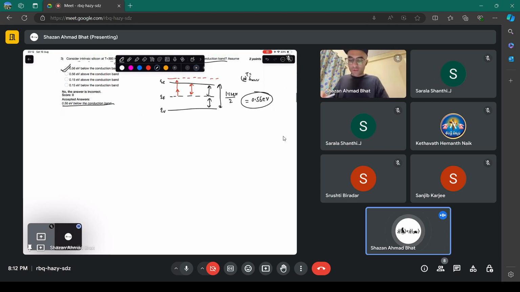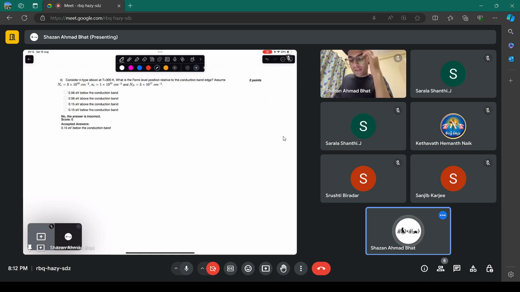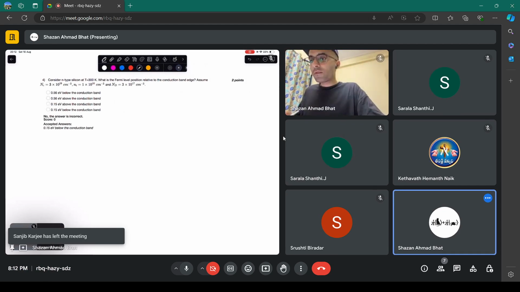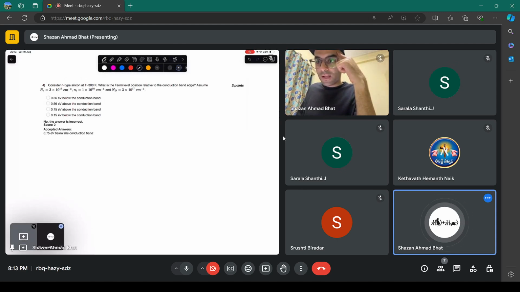Okay, so now question number 4. Consider an n-type semiconductor. What is the Fermi level position related to the conduction band edge? Assume Nc equals this thing, Ni is this thing, and ND is this thing.